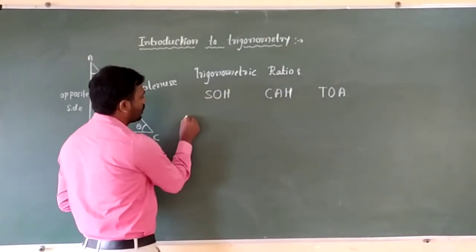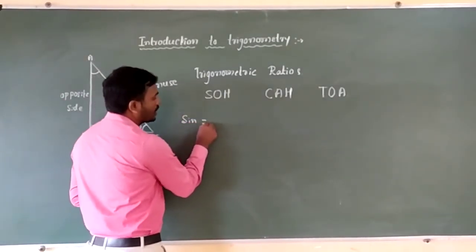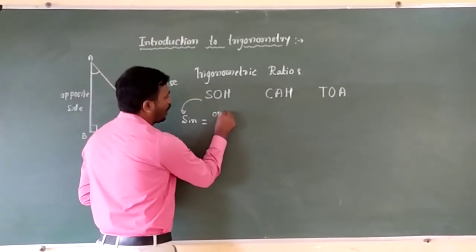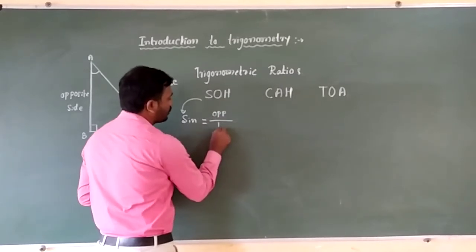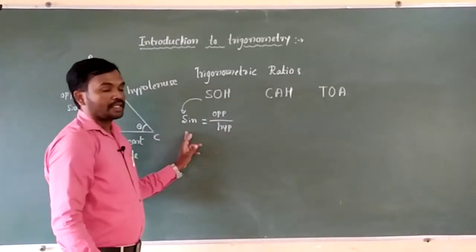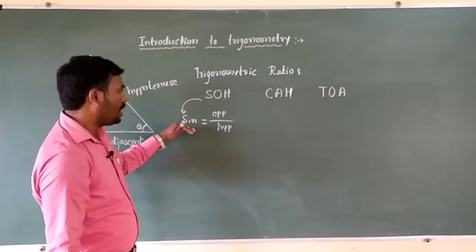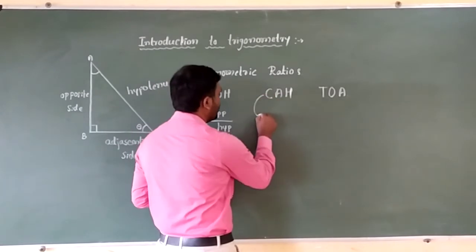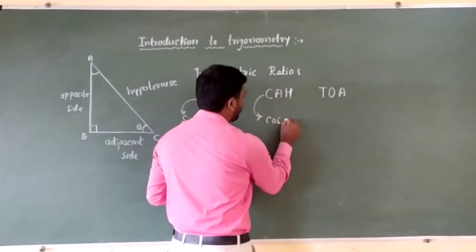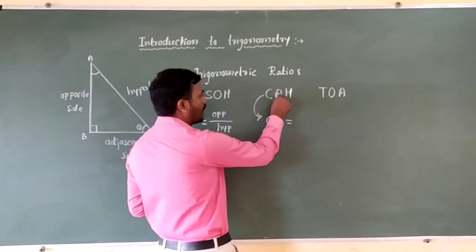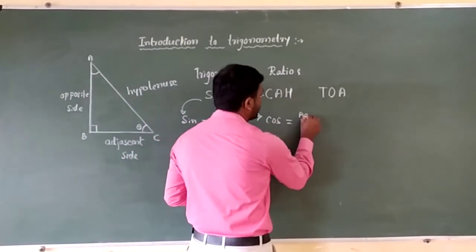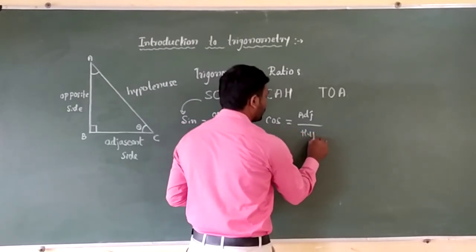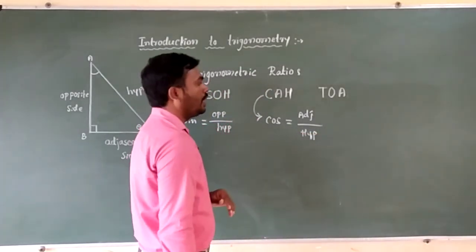Here S stands for sine, O stands for opposite and H stands for hypotenuse. So it means sine is opposite by hypotenuse. Likewise here C stands for cos, A stands for adjacent and H stands for hypotenuse.